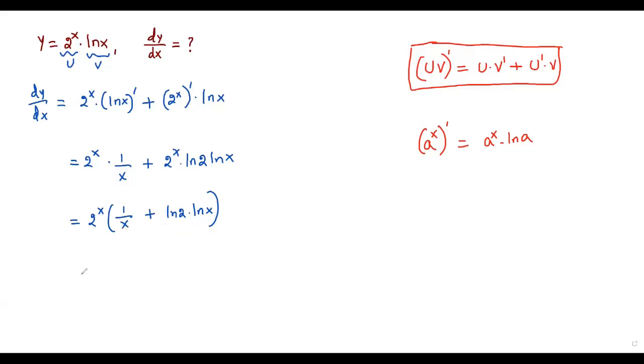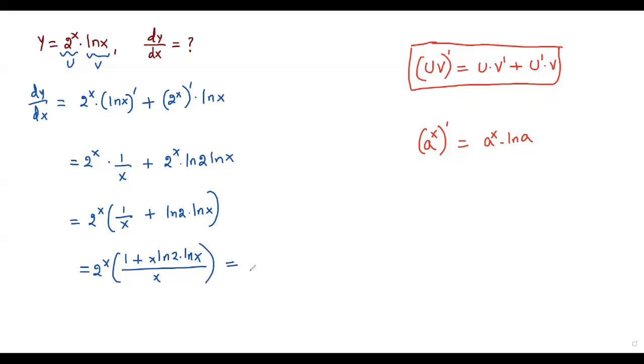Whenever I want to add a fraction and an integer, I have to multiply the integer part by the denominator of the fraction. So 1, positive. Now I multiply this term by the denominator x, then I'll be getting x times ln 2 times ln x. Once I'm done with this multiplication, I can take this x as a common denominator.